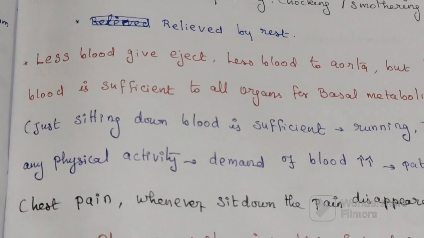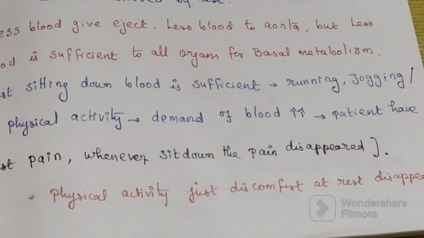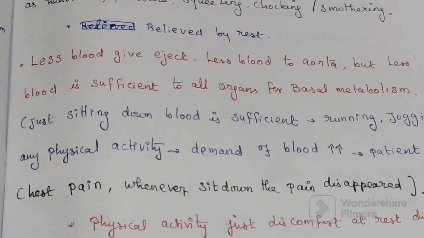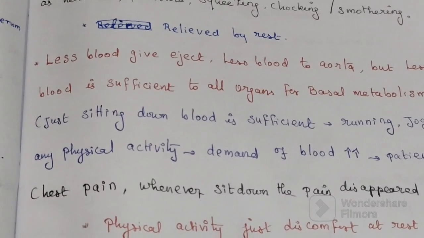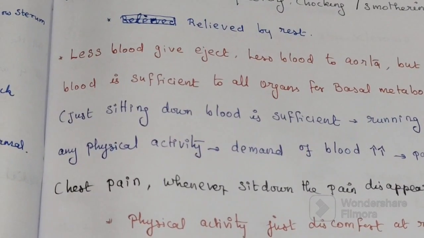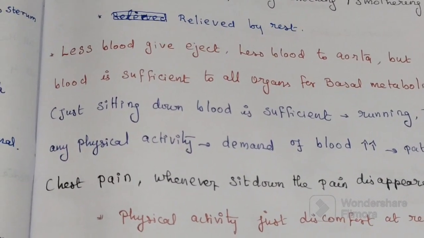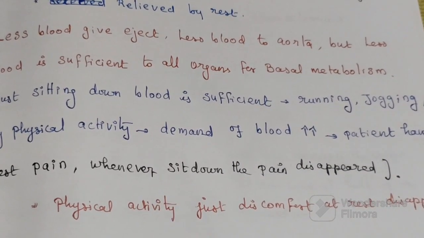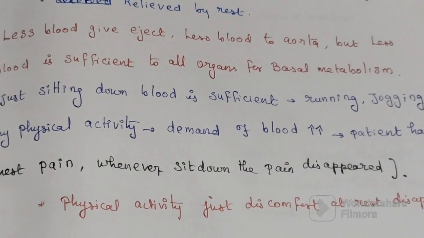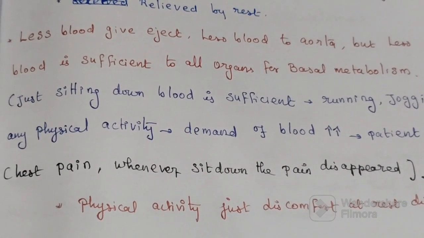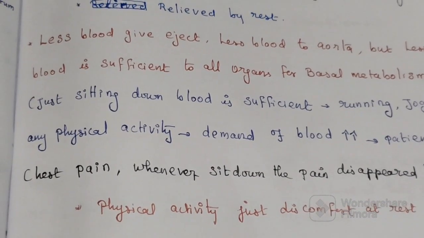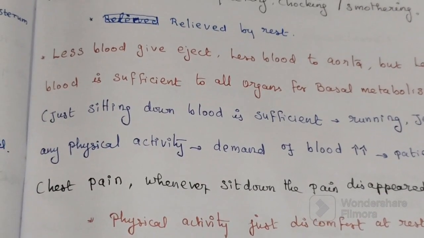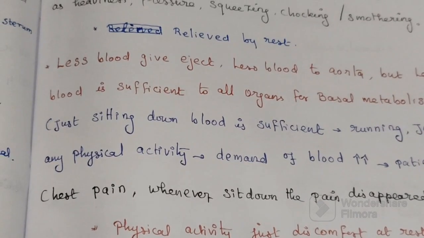But if we start running, jogging, or doing any physical activity, the demand for blood increases. The organs ask for more blood, but we are giving less blood, so the heart also gets less. So during running or jogging the patient has chest pain, and whenever they sit down the pain disappears.